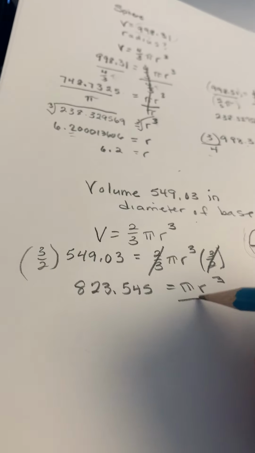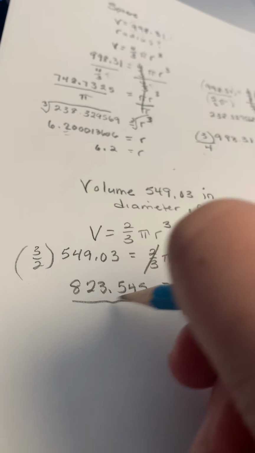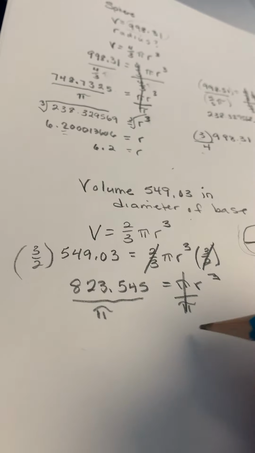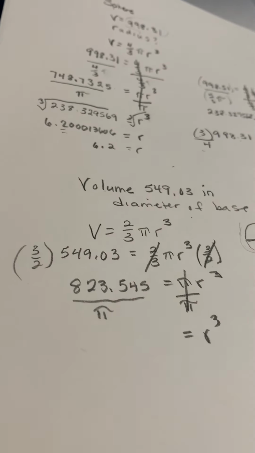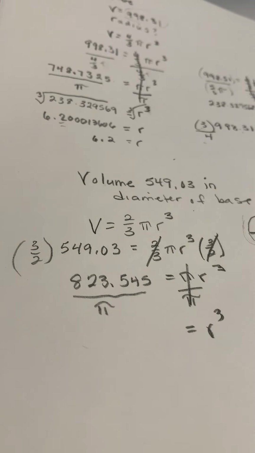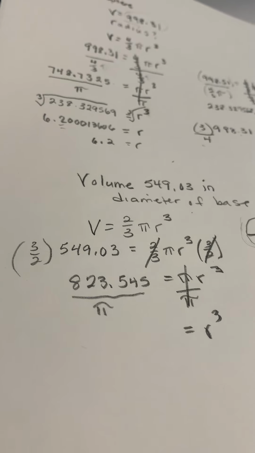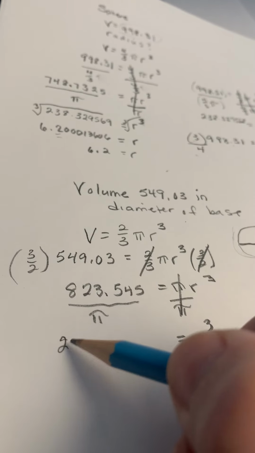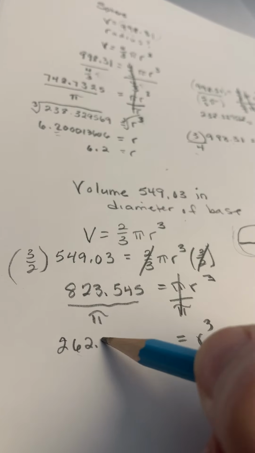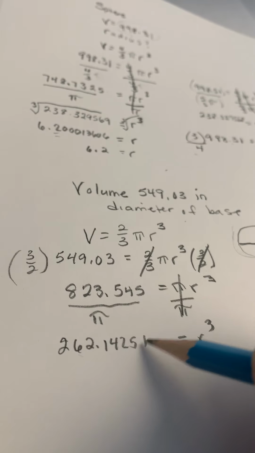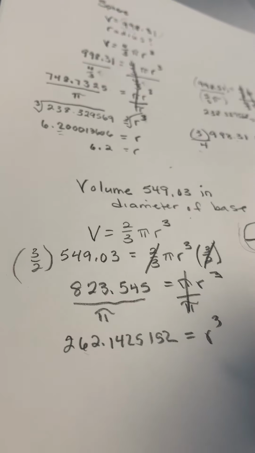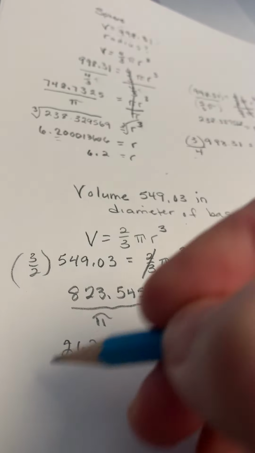Okay, I'll divide by pi now. And I'm going to have r cubed is equal to, I will now divide by pi, and you will get 262.1425152. We undo cubing with cube rooting.